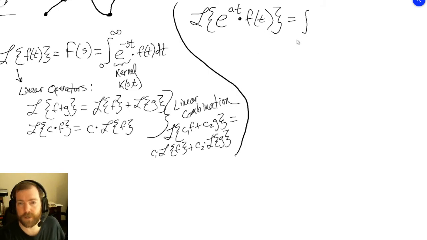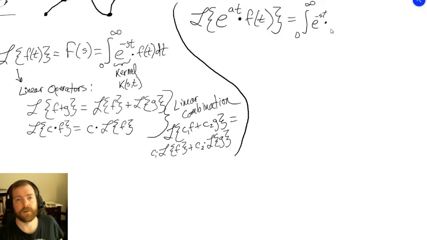This is going to be the integral as we go from 0 to infinity of e to the negative st times the function that we had, where the argument to the Laplace transform is e to the at f of t, dt.